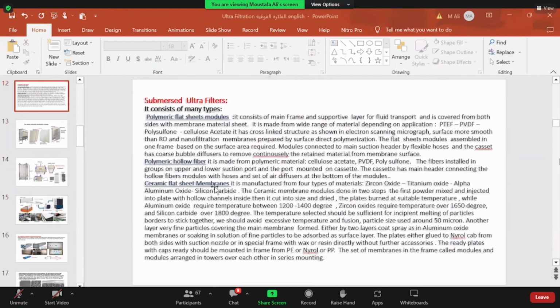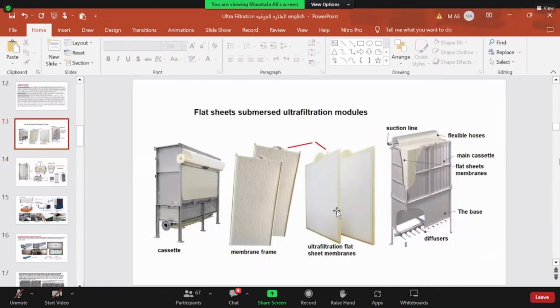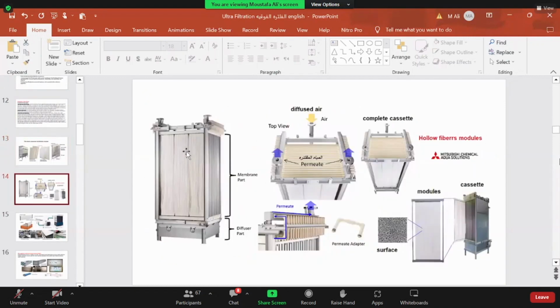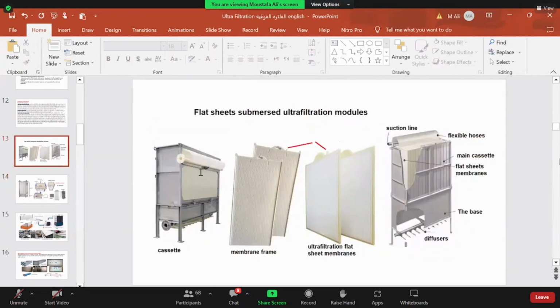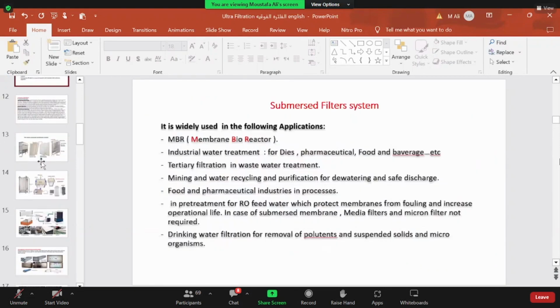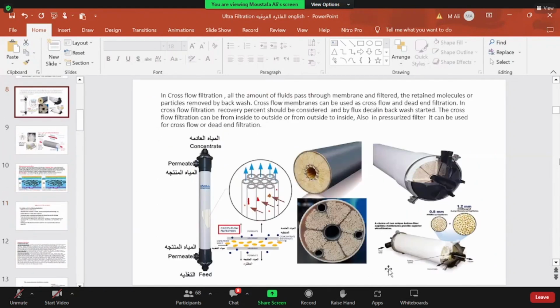So we have the hollow fiber polymeric membrane and the flat sheet membrane. The hollow fiber type can be either submerged like this, or mounted or fixed inside a pressure vessel.